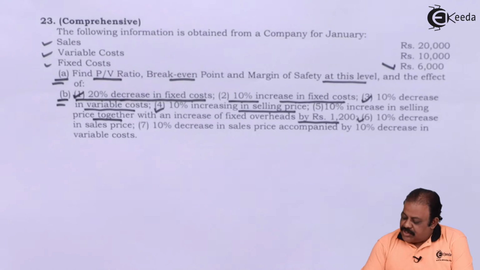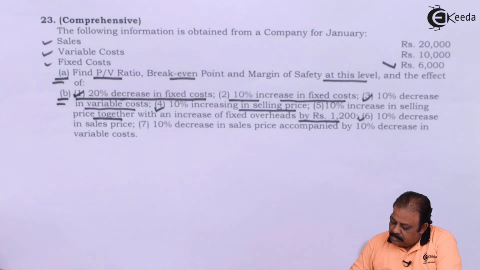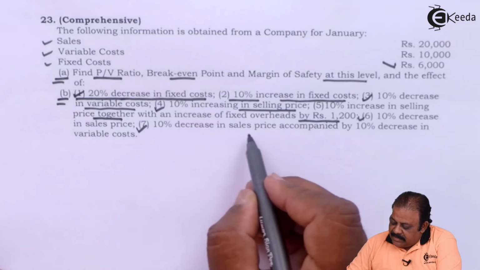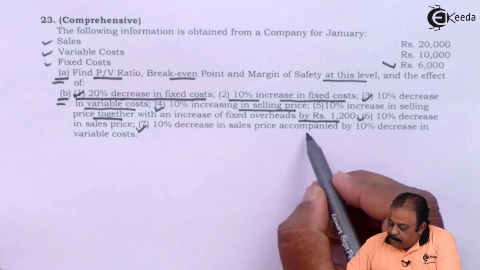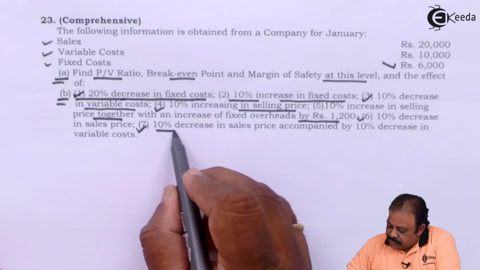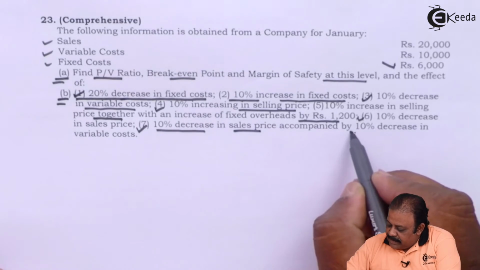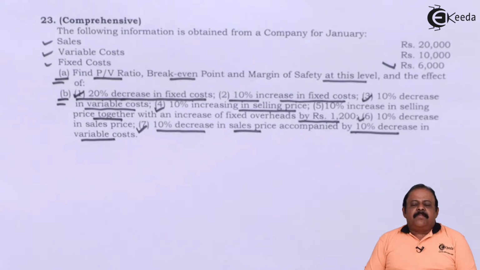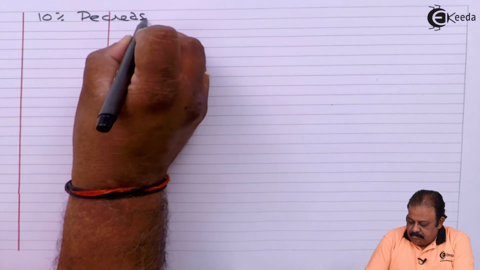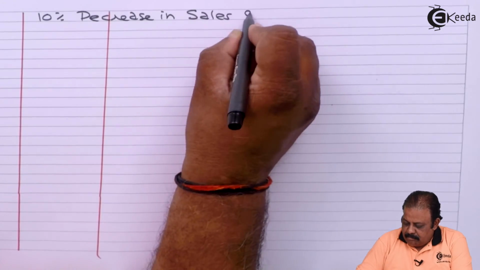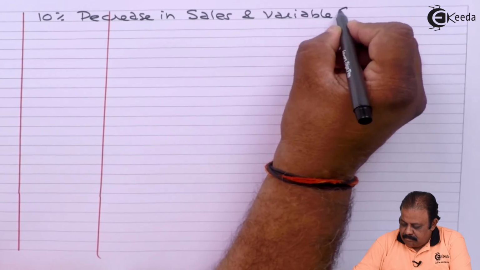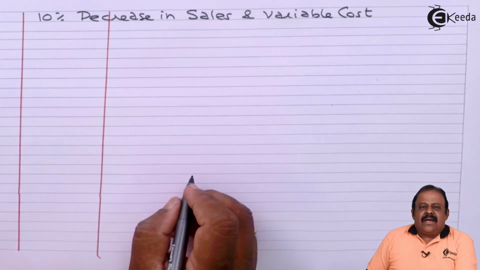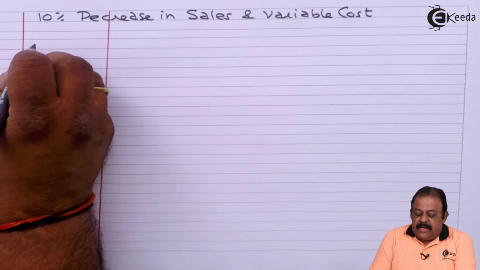Next part of the sub question, 10% decrease in sale price accompanied by 10% decrease in variable cost. That means there is decrease in sale price by 10% and variable cost has also decreased by 10%. We have to see current level of sales and variable cost.